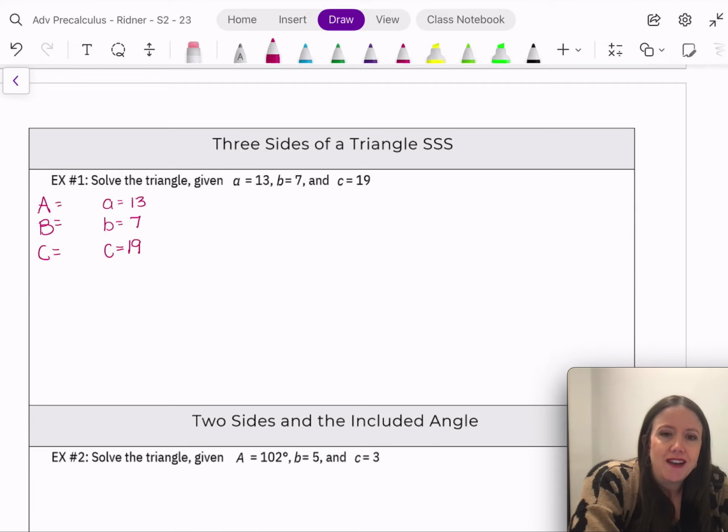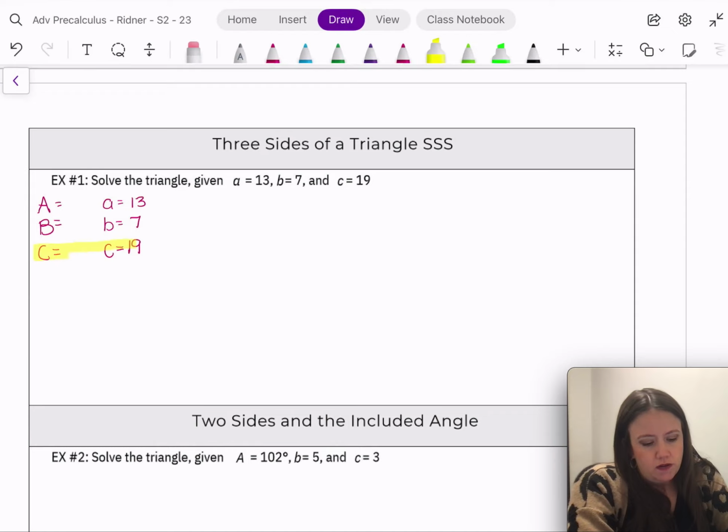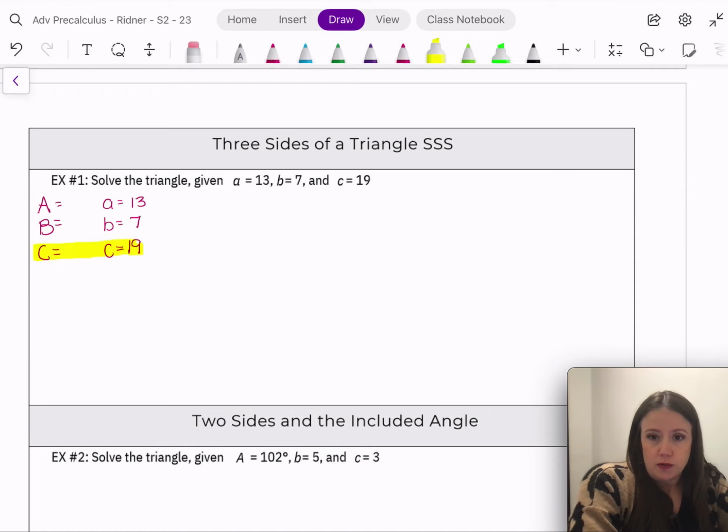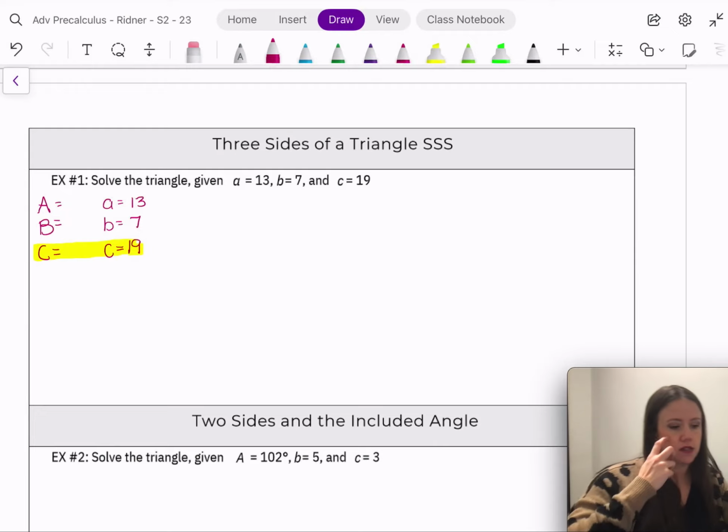So if I look here, I notice that I have no small letter and no big letter together, and every other time I have. That's how I know to use law of cosines, because I don't have little a and big A, little b and big B, or little c and big C, okay? So, going back to what I made you highlight, for law of cosines, I must start with the longest side. So that means I am finding big C first so that this works out nice, okay?